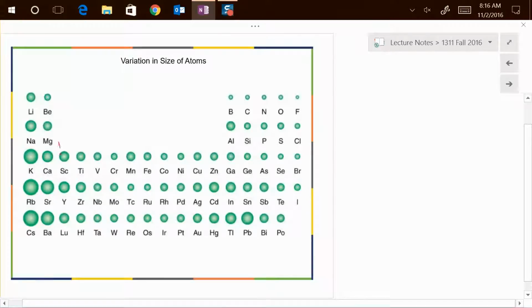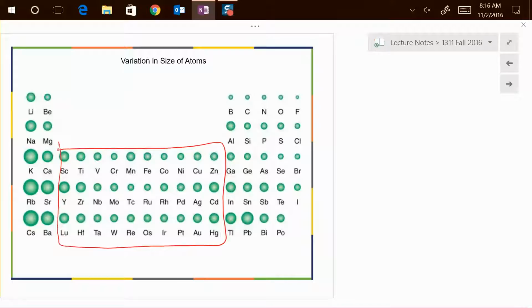Like I said, the D's don't really follow that pattern very well, but we'll focus more on these representative elements. Fluorine is small. As you're moving away, size is increasing. They're not showing francium and radium, but here we get to cesium. You can see that the size is very large. So that's the trend that's being considered here.